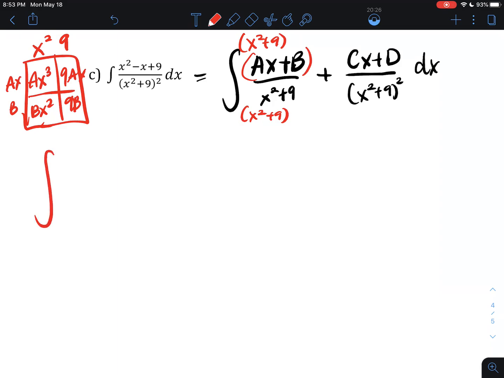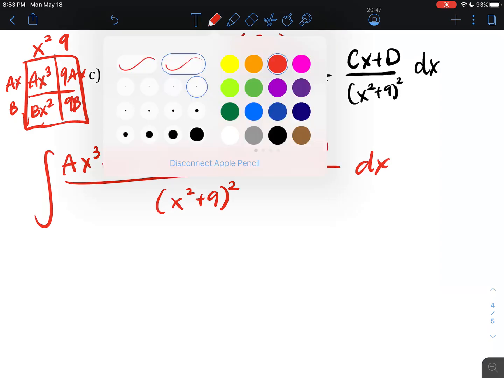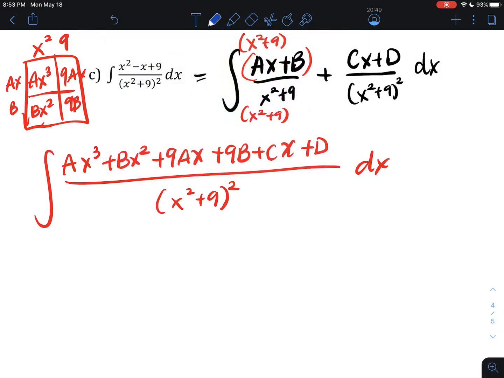So this is going to give me the integral of ax cubed plus bx squared plus 9ax plus 9b plus cx plus d over x squared plus 9 quantity squared dx.